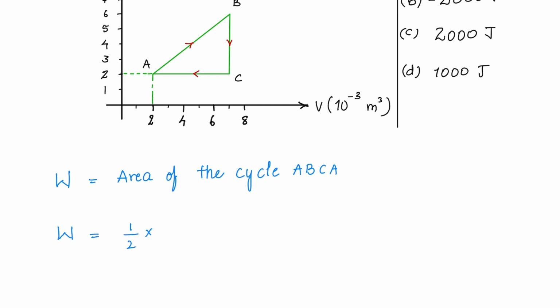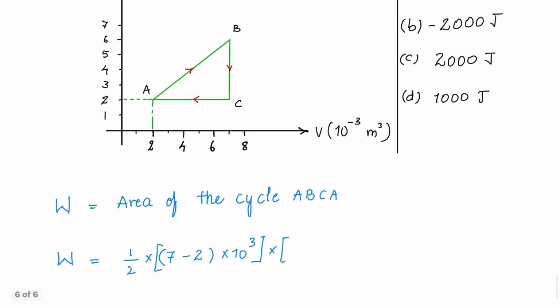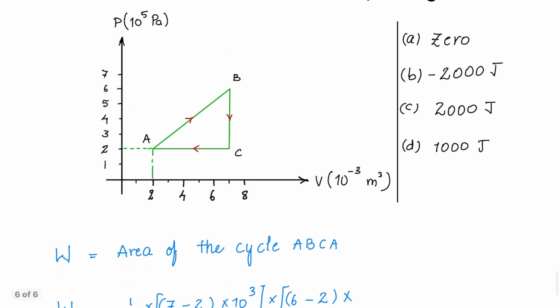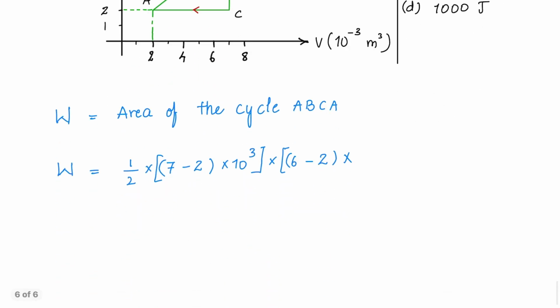The base, if you look at the graph, will be 7 minus 2, into 10 to the power of minus 3, multiplied by the height, which coincides with 6 here and 2 here. So the height will be 6 minus 2, into the multiplier given here, 10 to the power of 5 Pascal.